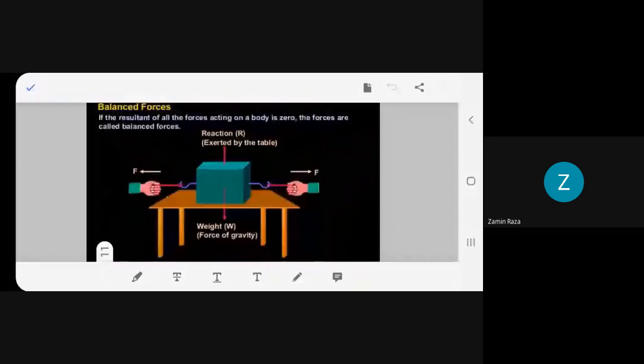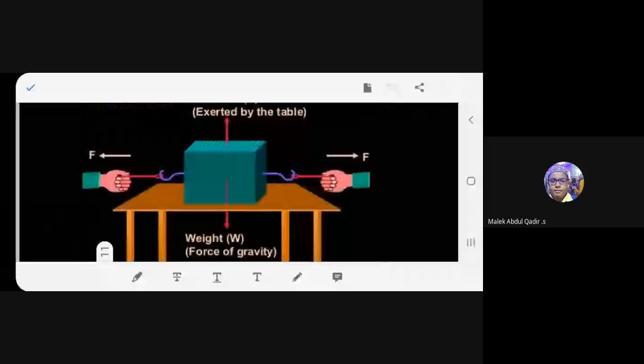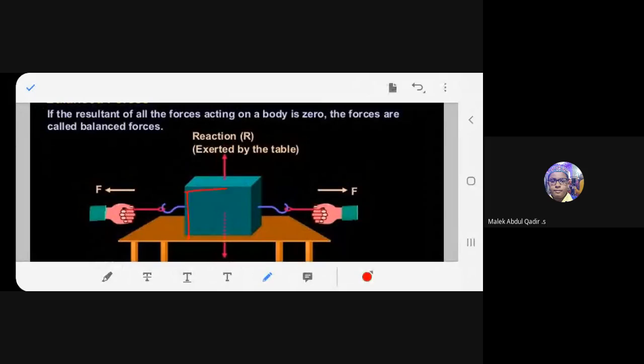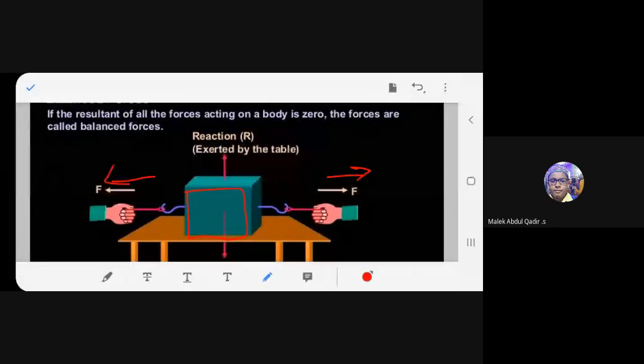Yes, ma'am. Yes, understood. So this is an object. We will go one by one. I'm pulling over here. You are pulling on the other side. The object is not moving. Remember that, because it's an equal force that is applied on the body.